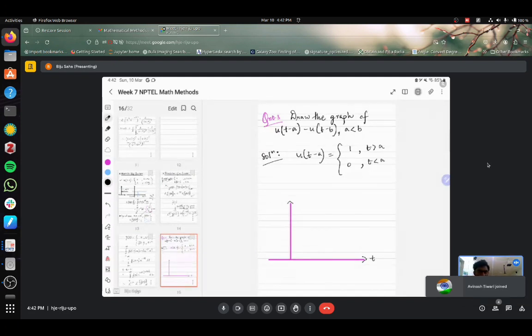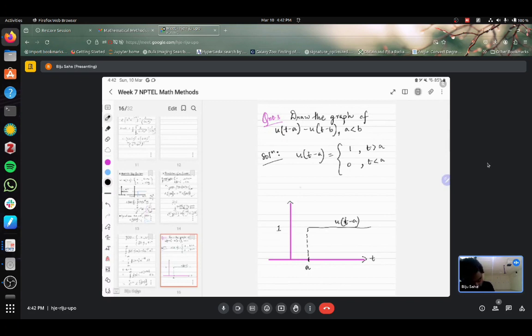That is from the definition of the step function. So if I pick this point as a, then for values of t greater than a, u(t minus a) continues to be 1. So this is my graph of u(t minus a).